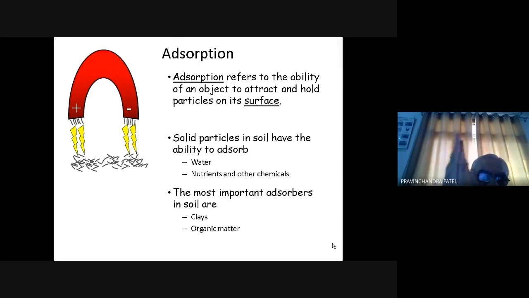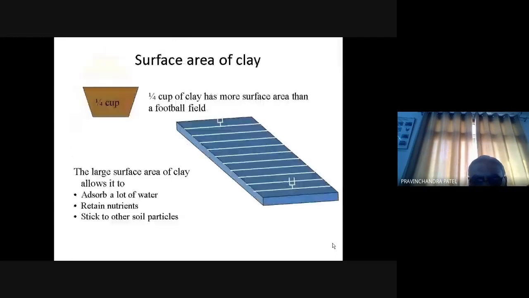And that is why farmers are applying farmyard manure or compost or vermicompost every year or every alternate year to improve the soil fertility. Then surface area of the clay. I told that a quarter cup of clay has more surface area than a football field. So clay particles have more surface area as compared to sand because the sand particle is greater.